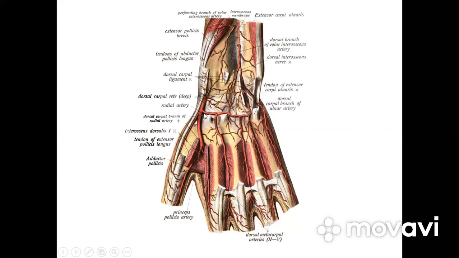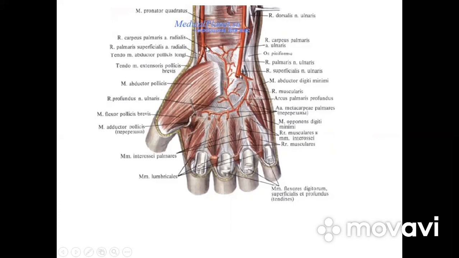The next branch, which begins from the radial artery, is the dorsal carpal branch. The dorsal carpal branch joins with the branch of the same name from the ulnar artery. Together they will make, at the level of the carpal bones of the hand, the dorsal carpal rete. The next branch, the palmar carpal branch, continues with the branch of the same name from the ulnar artery.